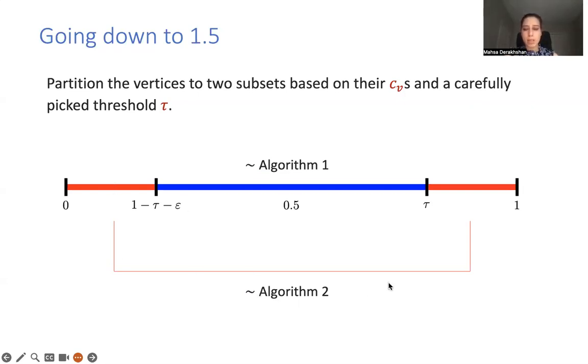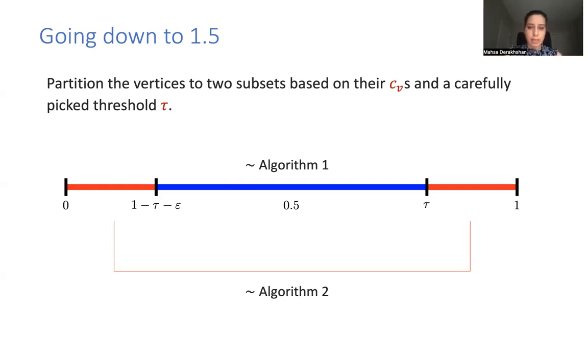For the ones that are in the red area, we treat them as algorithm 2 would treat them. And for the ones in the blue range, we treat them similar to algorithm 1. And we are still able to show that you will query at most O of n over p edges and get 1.5 approximation. I'm not going to go into more details about it, but that's the general idea.